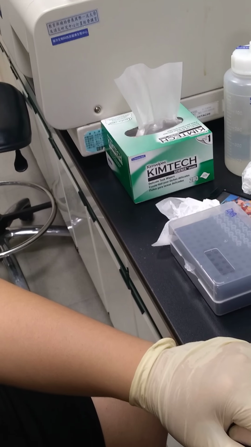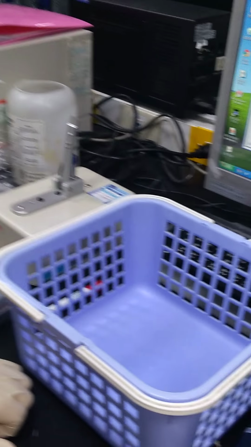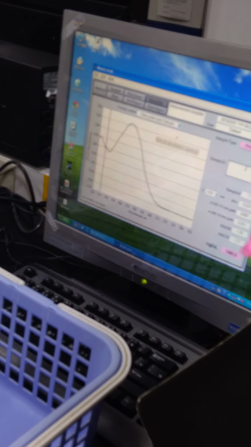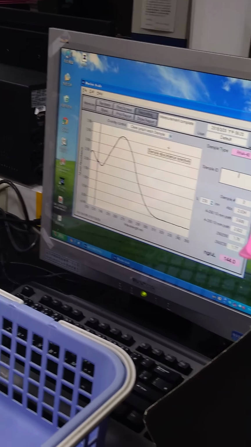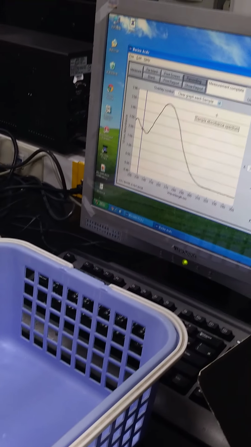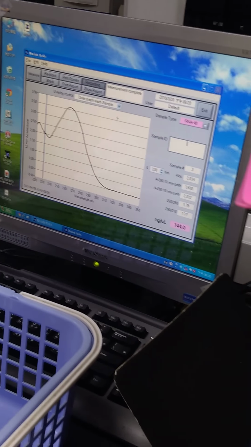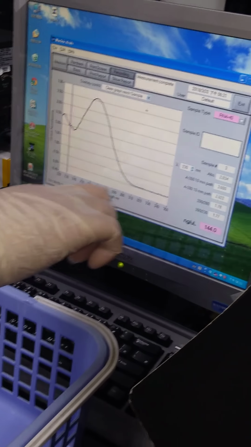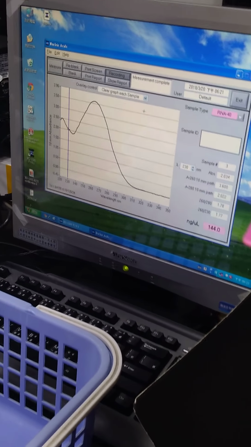So maybe, but what we need is, it's supposed to be 10 microliter, right? Oh, you mean the concentration? Yeah, the RNA should be at least 10 micrograms. So maybe this is 0.1 microgram. Yeah, we should need more. How many samples? What's your sample name?